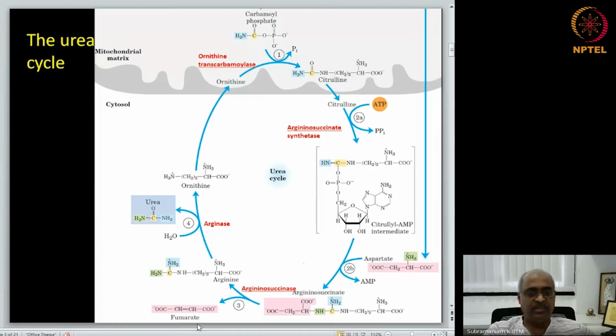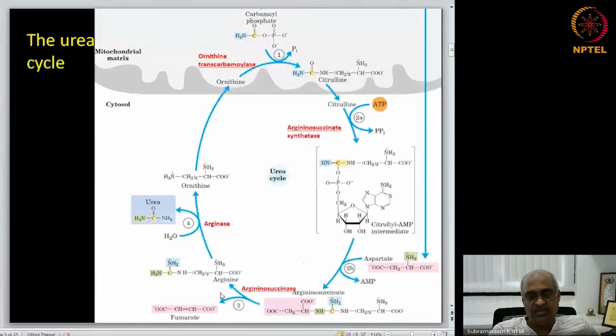So the same succinic acid, when you remove it out, becomes fumarate. This fumarate we will follow again later when we combine the urea cycle and TCA cycle. The remaining portion is arginine. Essentially what we have done is take aspartate in, keep the amino group, and remove the carbon skeleton in the form of fumarate.